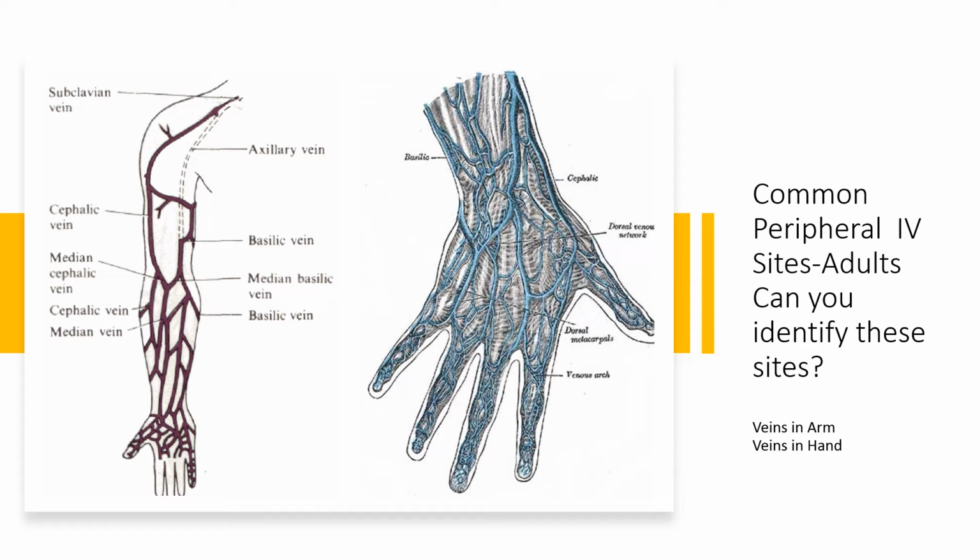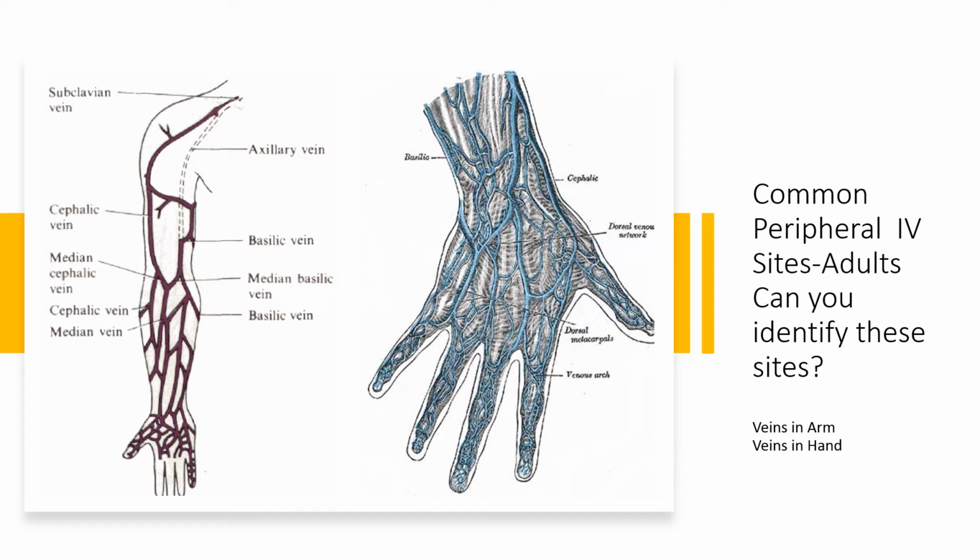We usually select a vein that is easily palpated, feels soft and full, is naturally splinted by bone, and is large enough to allow adequate circulation around that catheter.